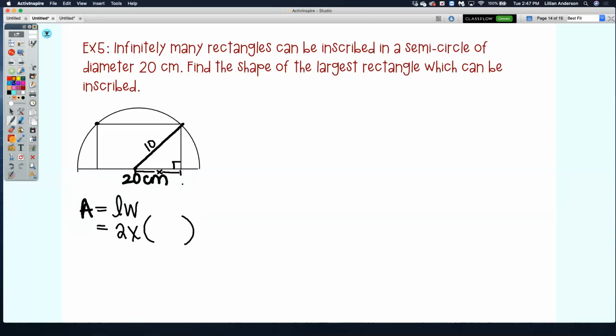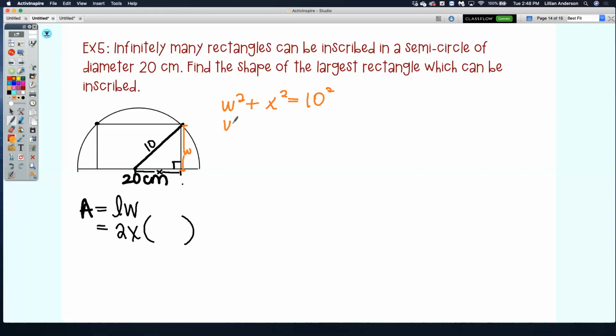You can figure out the width in terms of x and plug that into the Pythagorean theorem. The width squared plus my length squared is supposed to equal my hypotenuse squared, which is 10 squared.